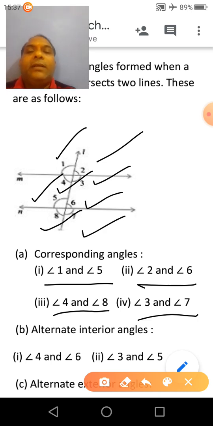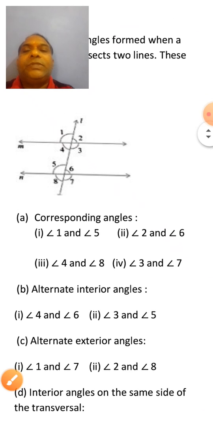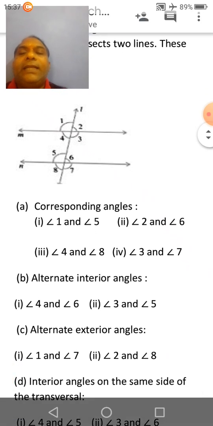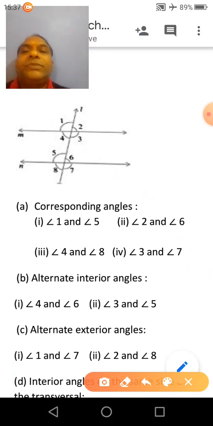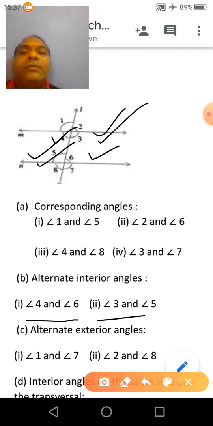Clear? Now alternate interior angles. Alternate interior angles are angle 4 and angle 6. This angle and this angle are alternate interior angles, and angle 3 and angle 5 are also alternate interior angles. Clear?